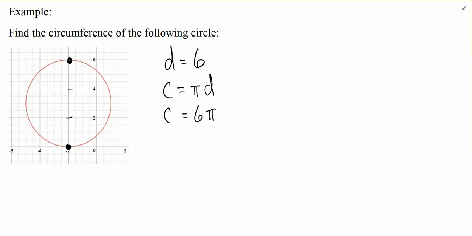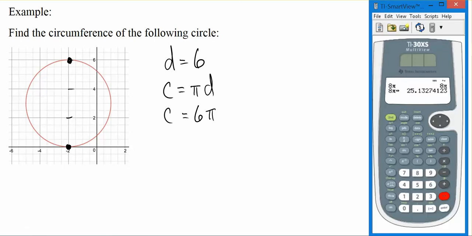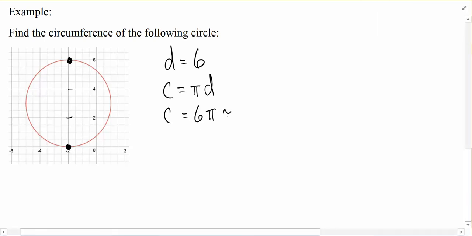I could then grab my calculator and say if I got 6 pi, and I want to turn that into a decimal, it's about 18.85. Now you could have tried to find the circumference by finding the center as well, where we can see the center is right there.